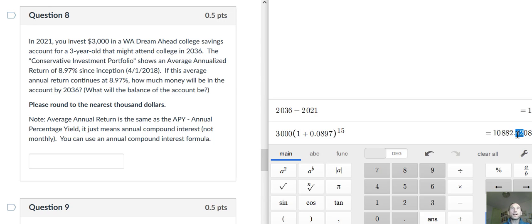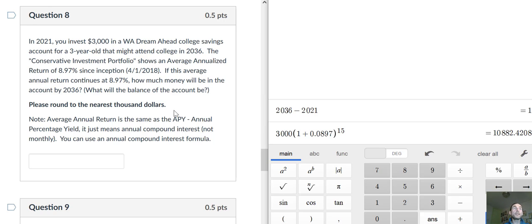Now, in reality, do you think for this problem, we should give the answer to the nearest cent? Why or why not? Or even the nearest dollar. Should we give it to the nearest dollar, the nearest $10, the nearest $100, or the nearest $1,000?